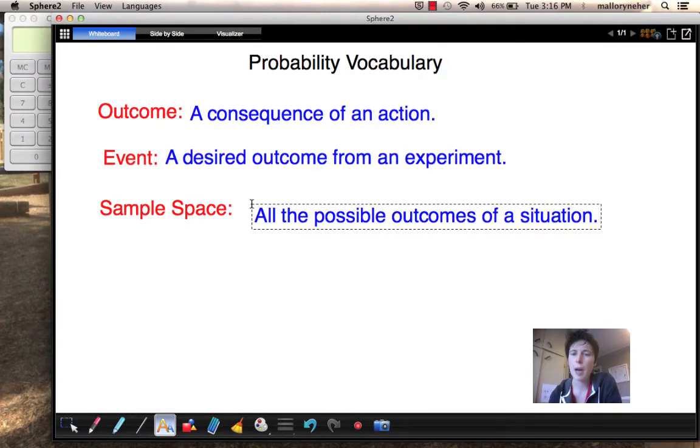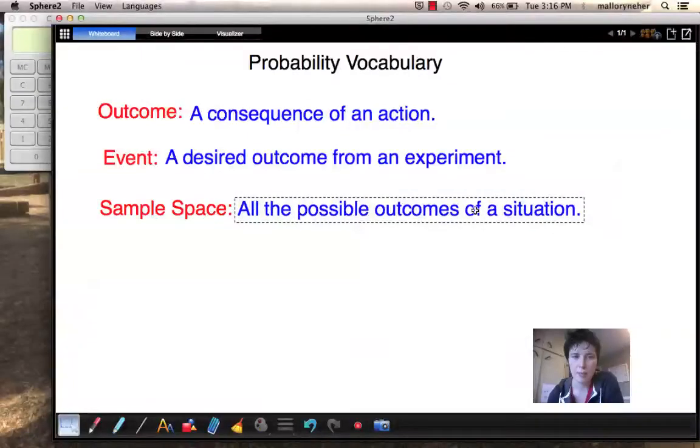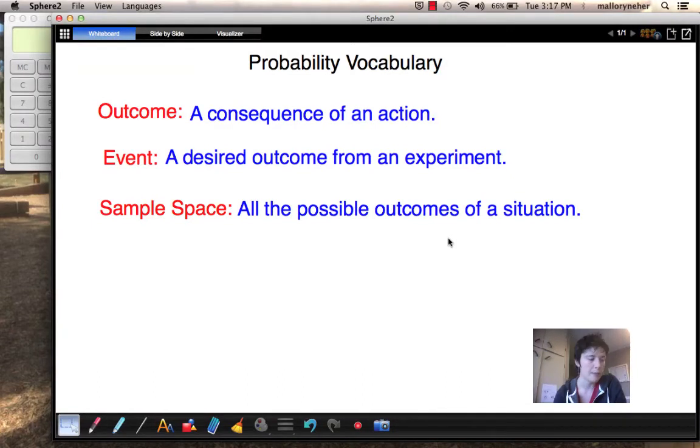When I flip a coin, I'm going to keep using that as my example, there are only two possible things that can happen. You either get heads or you get tails. So there are two possible outcomes. That's my sample space. Sample space is all the possible outcomes.